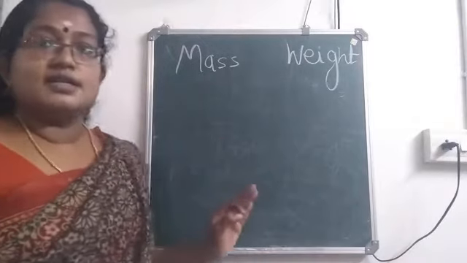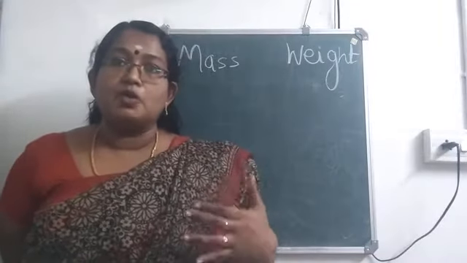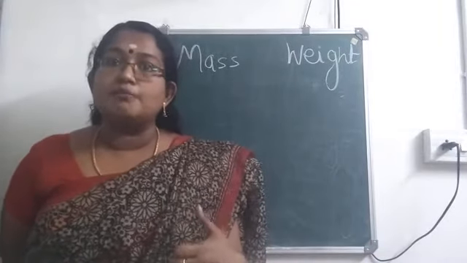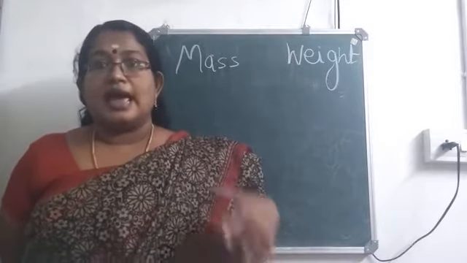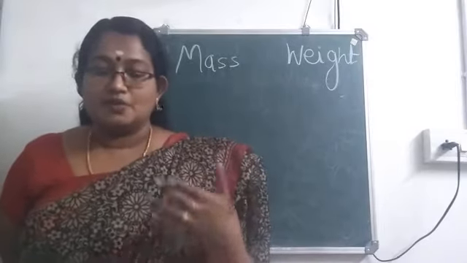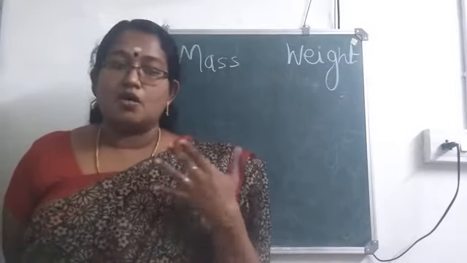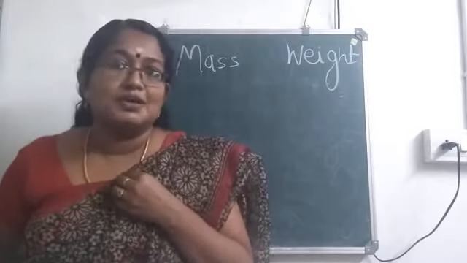So, when you are considering mass, what is an object made up of? The amount of matter contained in a body is known as mass, but weight is the force exerted on a body by an object, that is called weight. So, when we are considering our weight on Earth, it is the force exerted by Earth on our body.